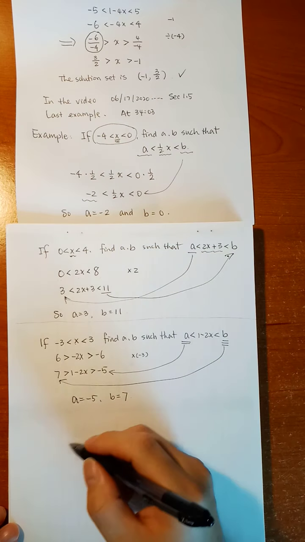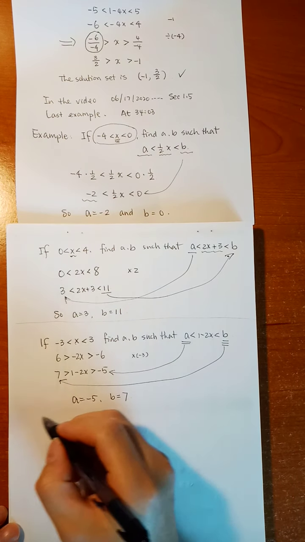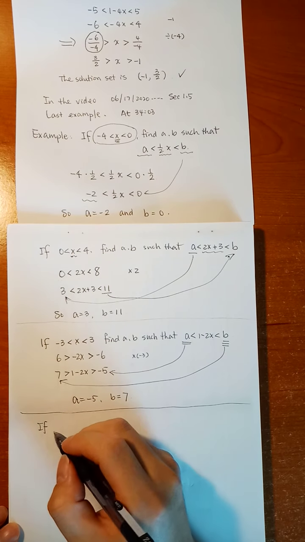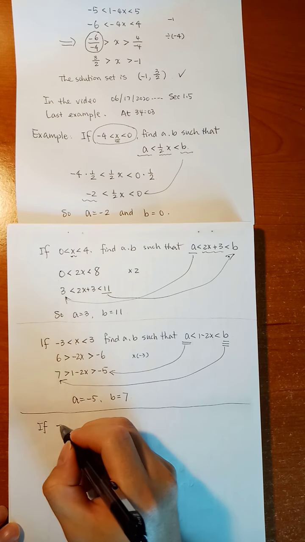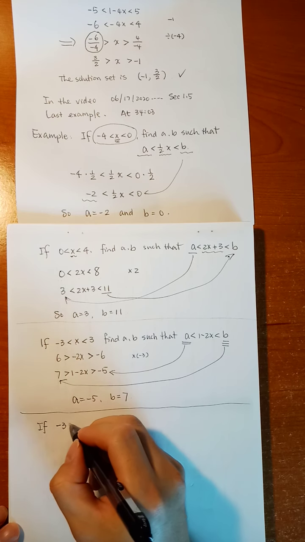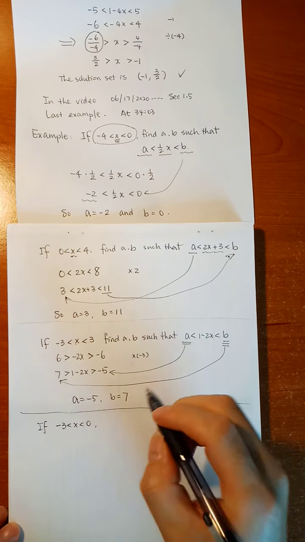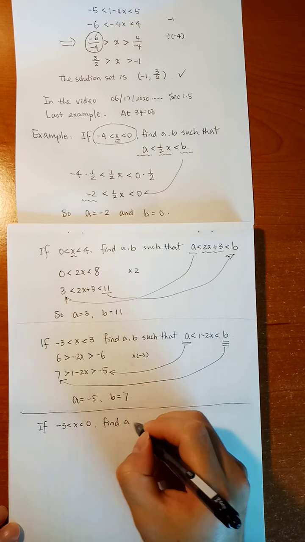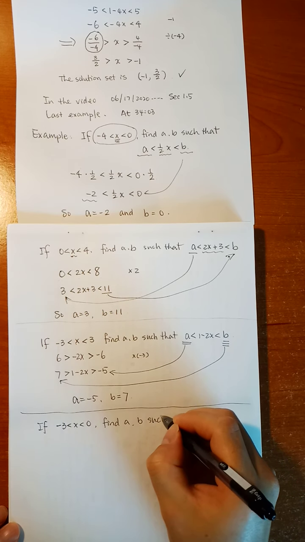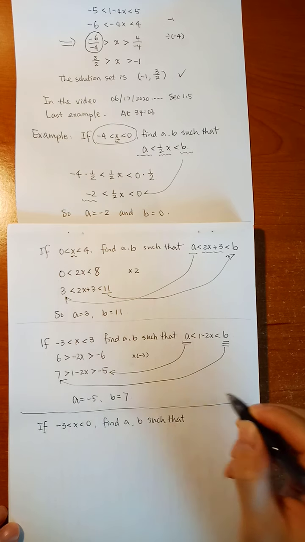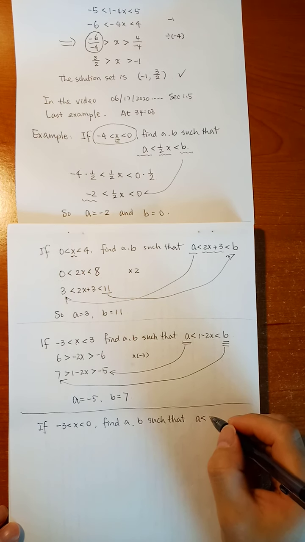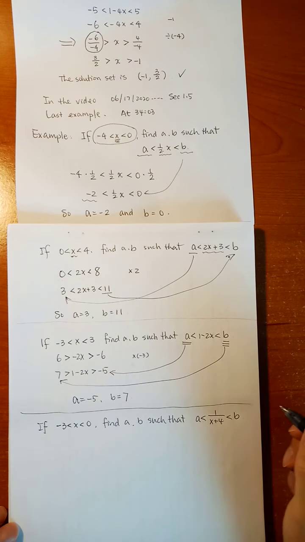Okay. Let's do a complex one. A complex one is like this. If negative 3 less than x less than 0, we're looking to find a and b such that a less than 1 over x plus 4 less than b.